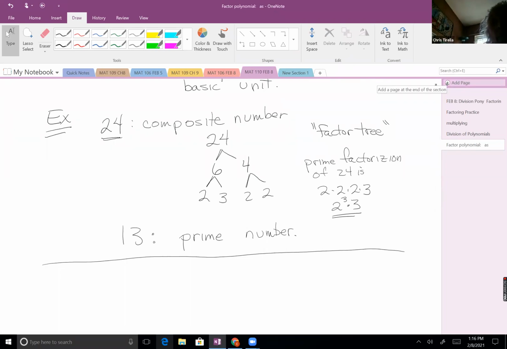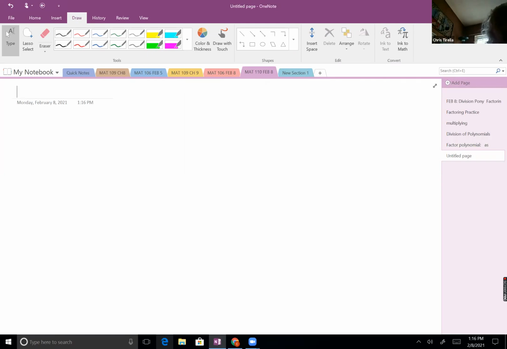The first type of factoring that we look at is the greatest common factor, which is sometimes abbreviated GCF.